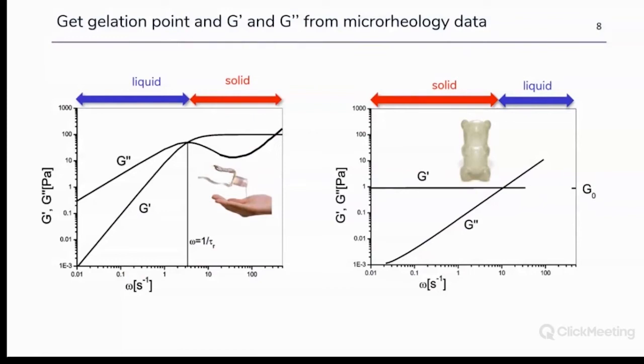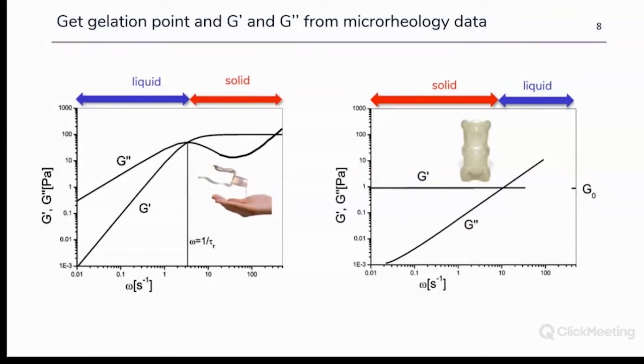And here on the left, we can see a graph of these two moduli in log scale, for a viscoelastic material. We see that when the oscillation is very slow, which basically means that the frequency that we are observing is very low, our sample will have a storage modulus way larger than the loss modulus.